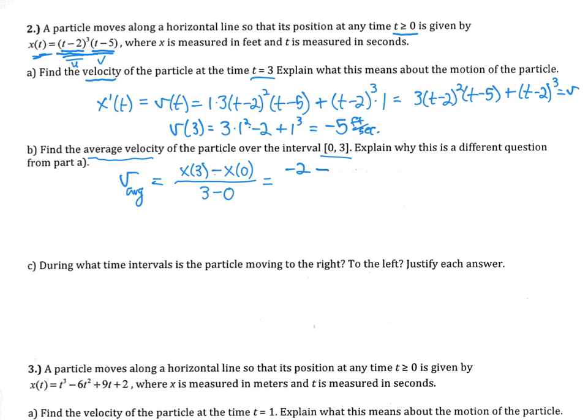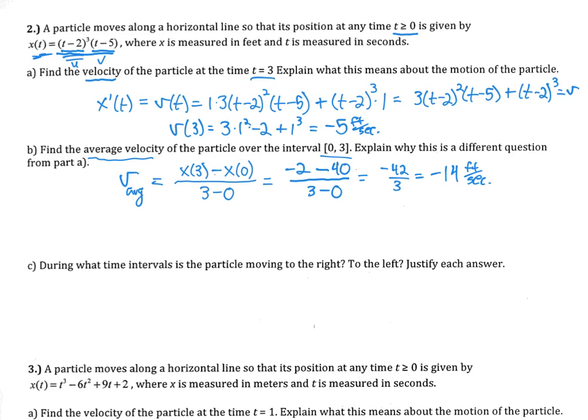And then negative 8 times negative 5 would give us positive 40 over 3 minus 0. So this average velocity will turn into negative 42 divided by 3, which is equal to negative 14 feet per second.